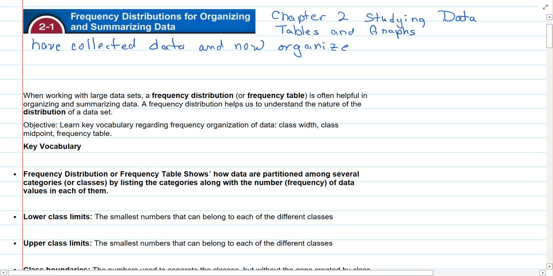We're not going to do a whole bunch of evaluating yet, but we're going to organize and determine tendencies for general conclusions.